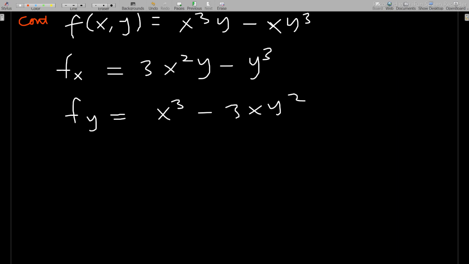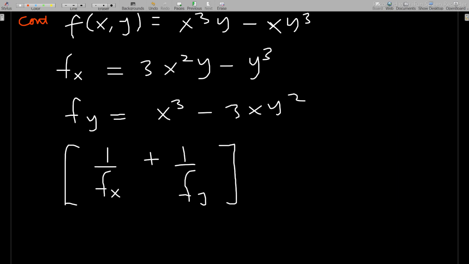So we are supposed to find the value of 1 over fx plus 1 over fy at x equals 1, y equals 2.